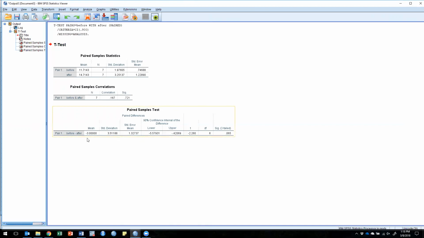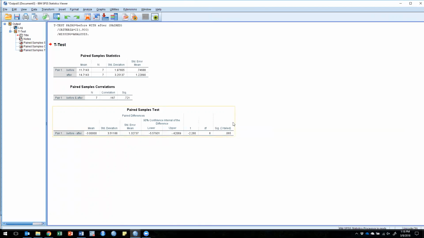The mean difference from before and after was 3. So their perceptions increased 3 points with a standard deviation of 3.5. And here are our t-test results. We get a t of negative 2.68 with 6 degrees of freedom and a p-value of 0.065.